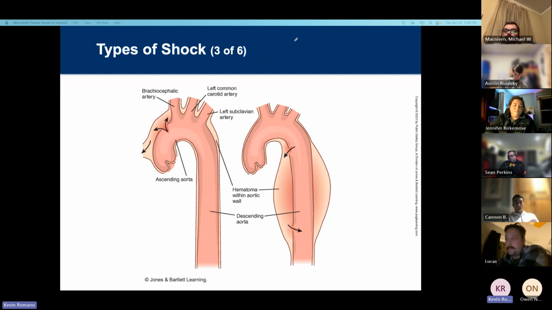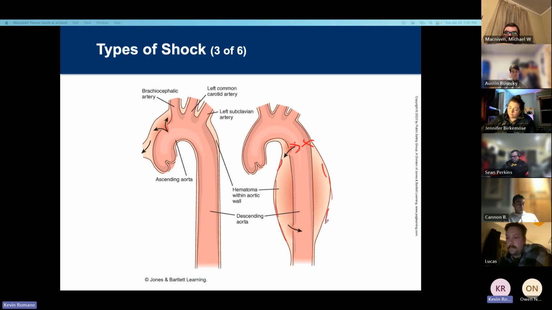You can see the tear here, this is the tear causing it to dissect. Blood gets into the lining on the outside, causing it to widen. There are different types of dissections using the DeBakey scale, and we will cover more of that in cardiac emergencies. I'm not going to get too in depth right now.